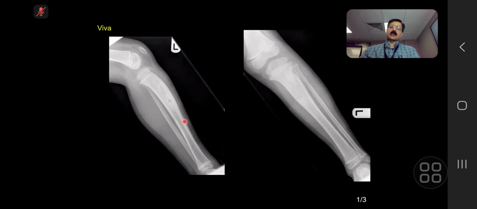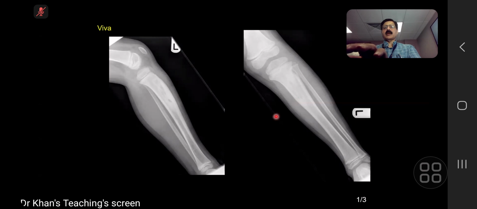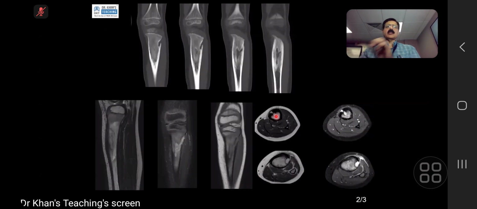Now, look what happens. There is endosteal new bone formation here, and that is why the medullary cavity is all encroached. Similar findings here, where you can see this tunneling. It is breaching the cortex and going into the medullary cavity.